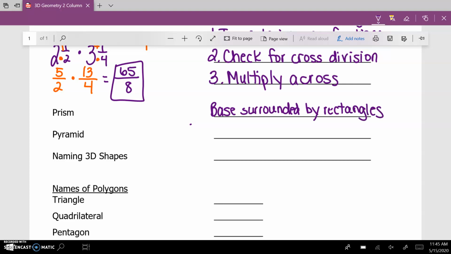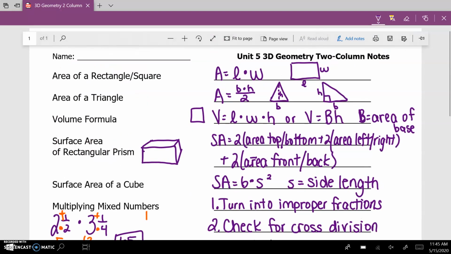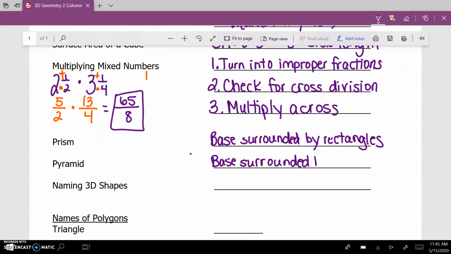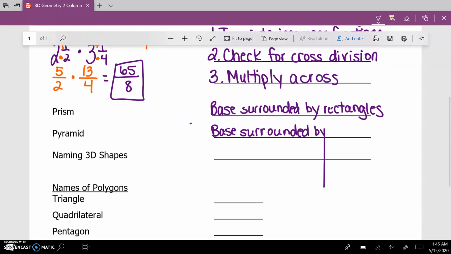And then a pyramid is when the base is surrounded by triangles.